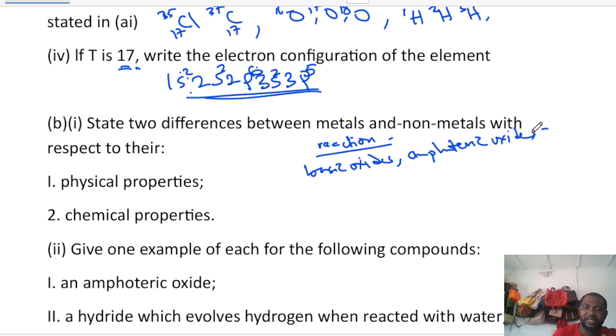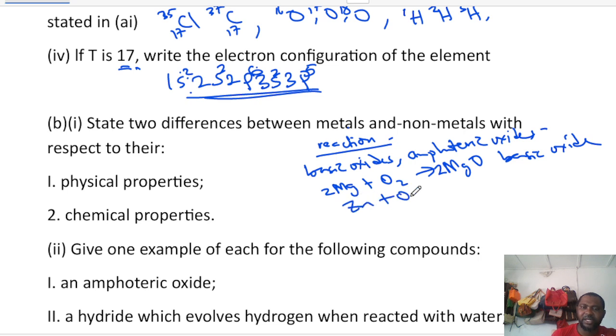For example, magnesium plus oxygen, you're going to get magnesium oxide. This is a basic oxide. And another reaction, zinc can also react with oxygen to form zinc oxide, and zinc oxide is an example of an amphoteric oxide. That's for us to note.